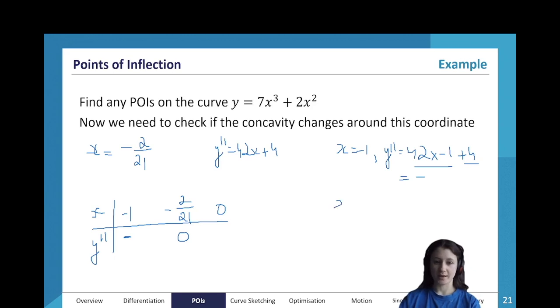Now getting into when x equals 0. We know that this is going to be positive because 42 times 0 is 0 plus 4, right?